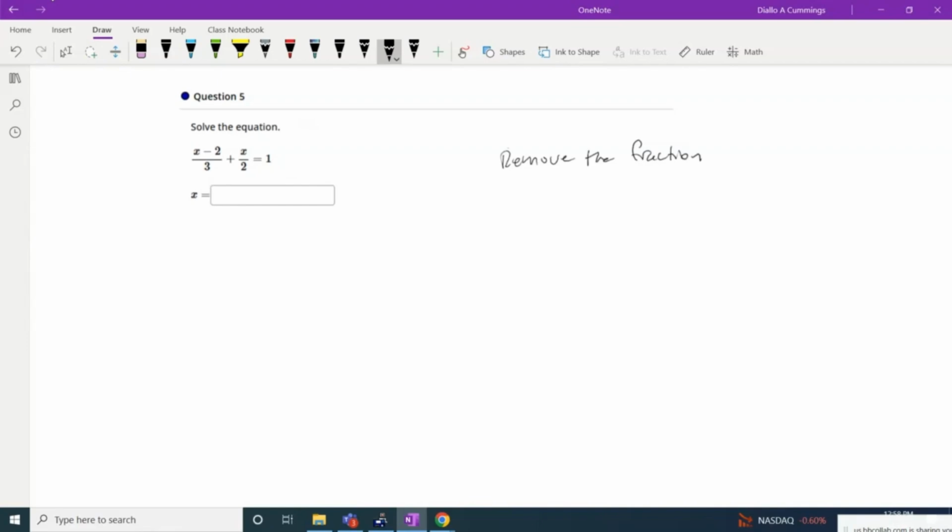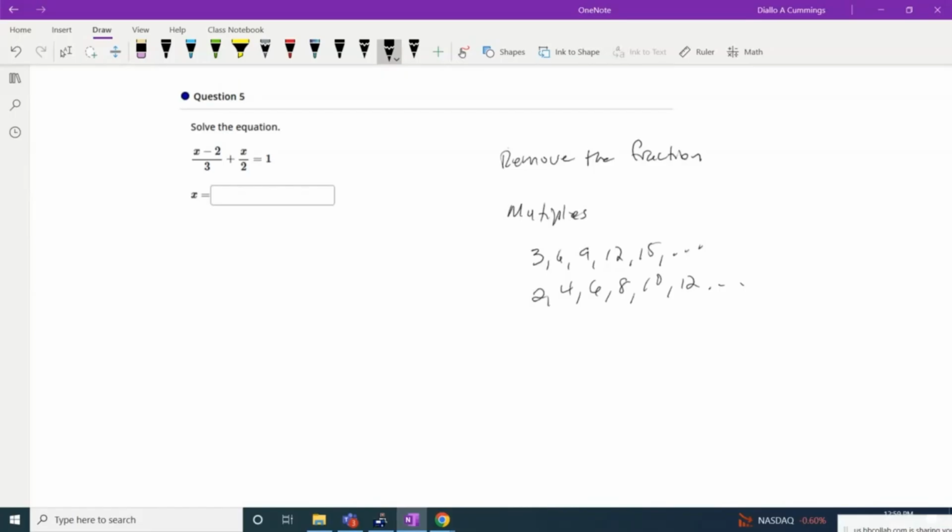Here, since my denominators are only constants, I'm going to find the least common multiple. So what is the least common multiple? Well, first I have to find the multiples of 3. The multiples of 3 are just like counting by 3: 3, 6, 9, 12, 15. That's going to keep on going. The multiples of 2 are 2, 4, 6, 8, 10, 12.